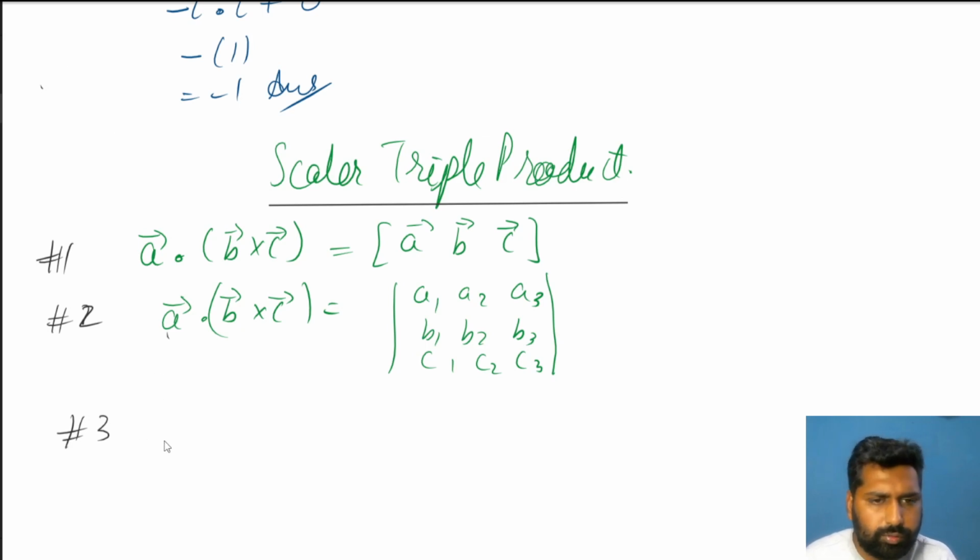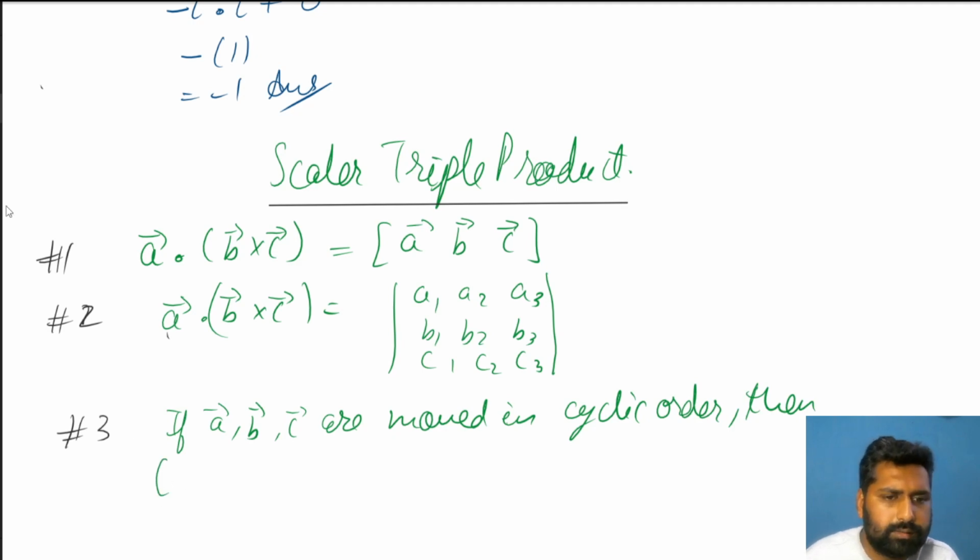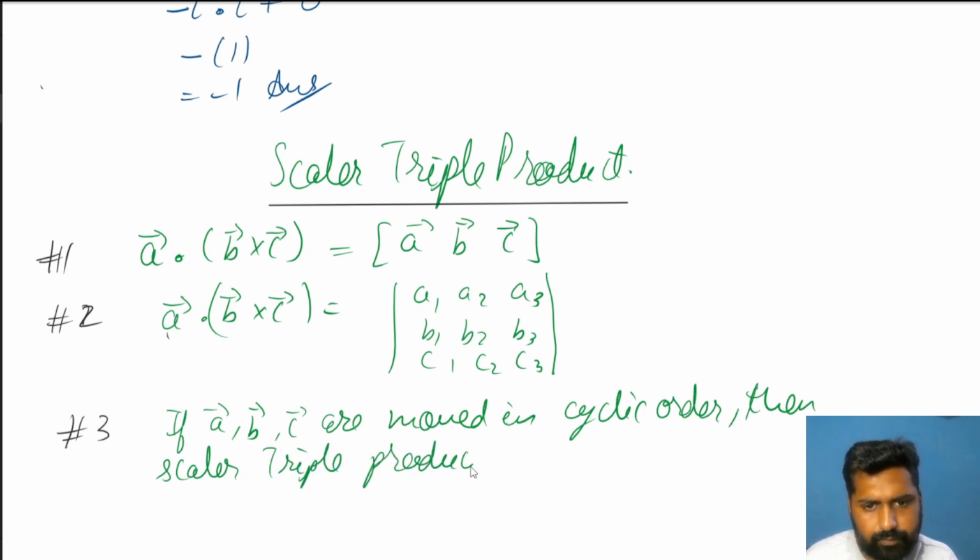Now, if A, B, C are moved in cyclic order, then the scalar triple product remains the same. What is the meaning of that?